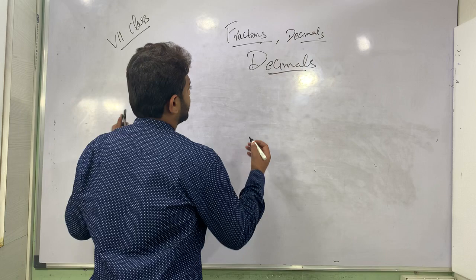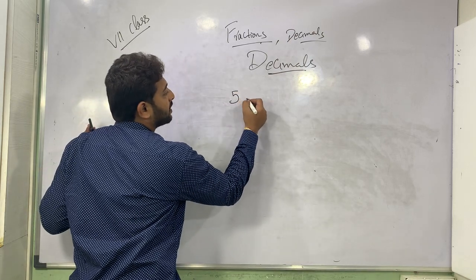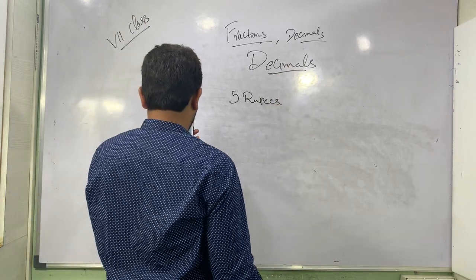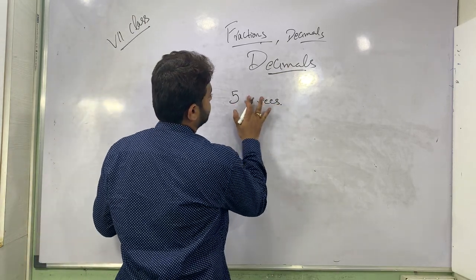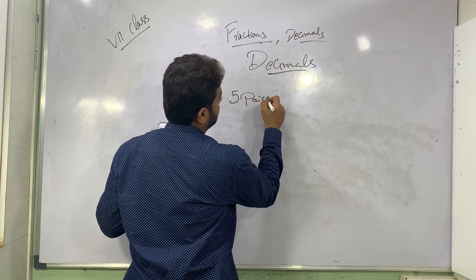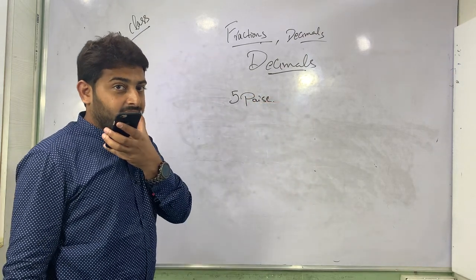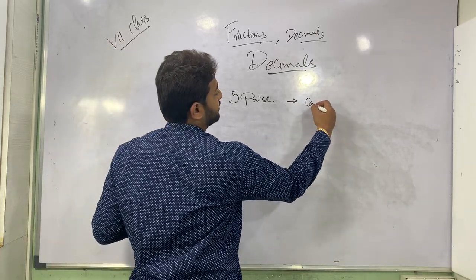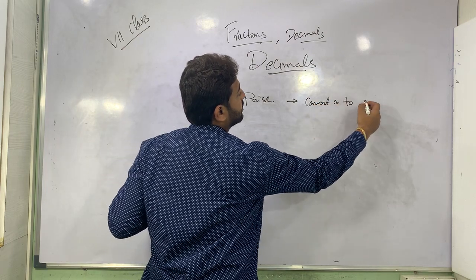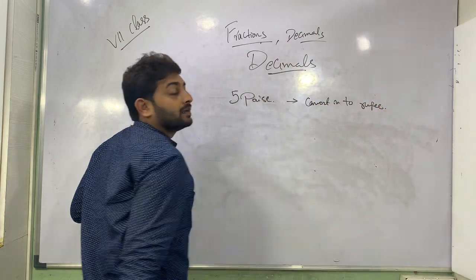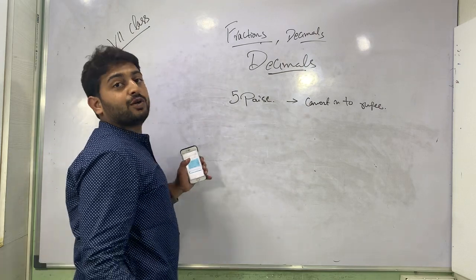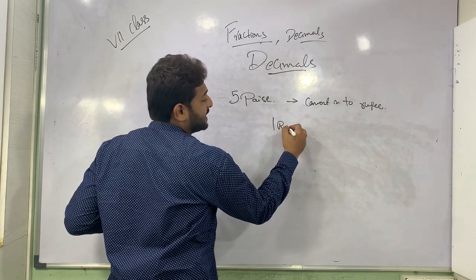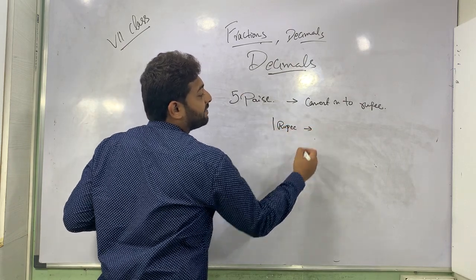Now, for example, 5 paise. I know you know paise. They are asking us to convert this into rupees in decimal points. So first you need to know how many paise a rupee has.